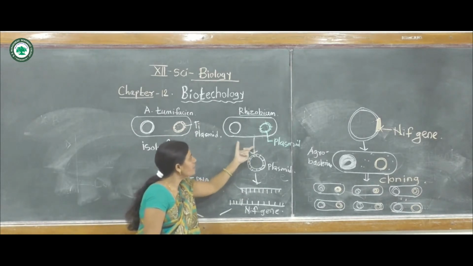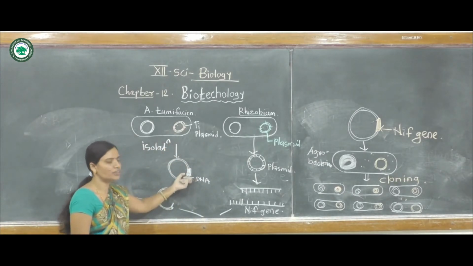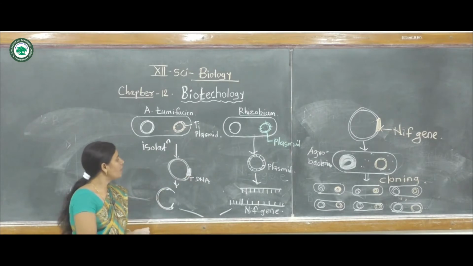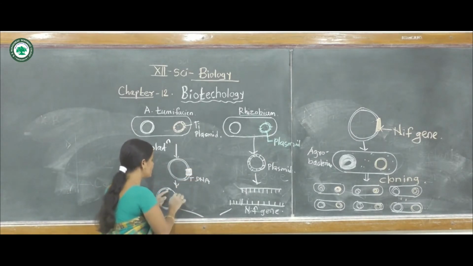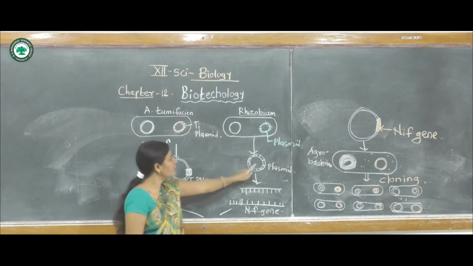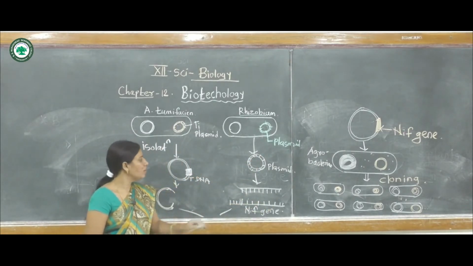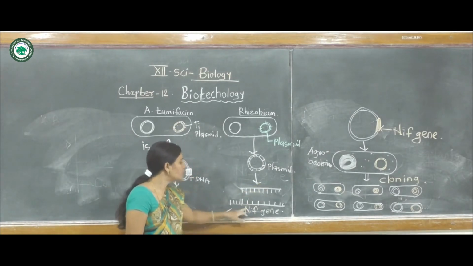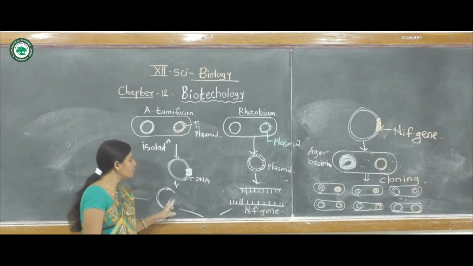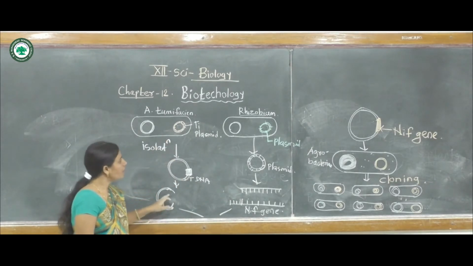The first step is isolation: isolate the target gene or target DNA, the T-DNA, the plasmid DNA, and cut the fragments. The other plasmid they can cut at a specific point, where sticky ends are present in the DNA. Now this sticky end can attach to this portion of the plasmid.